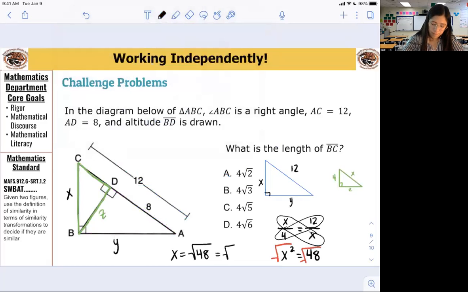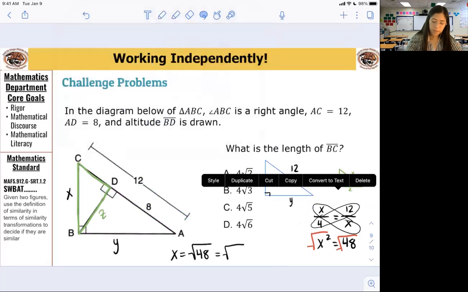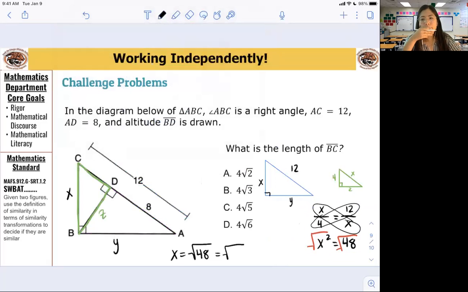We're doing this without a calculator. 48 is what times what? What are the factors of 48? No calculator. 48 is 12 times 4, but I think there's a better one to do.